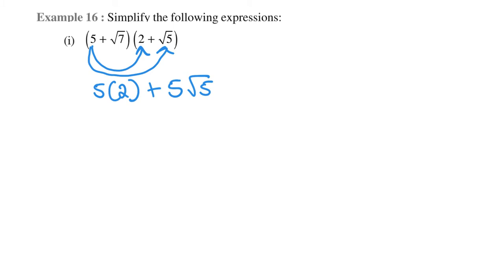We took the 5 and we multiplied every term in the second bracket. Now we are moving on to the next term. So we will take now root 7. Root 7 times 2 is 2 root 7, plus root 7 times root 5.